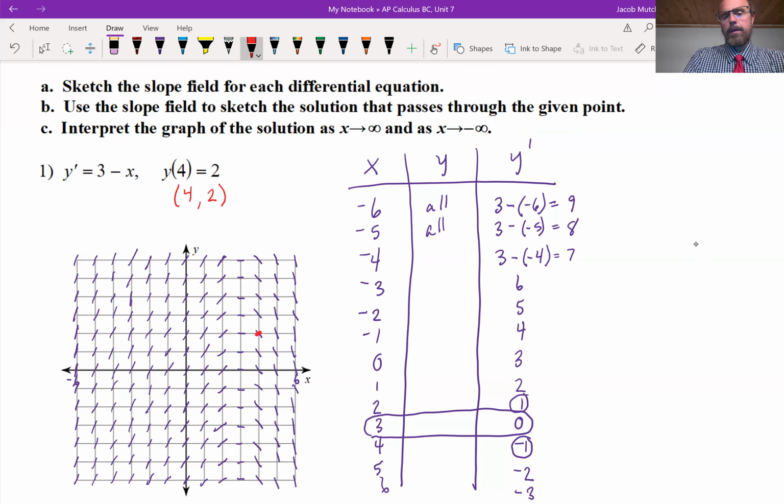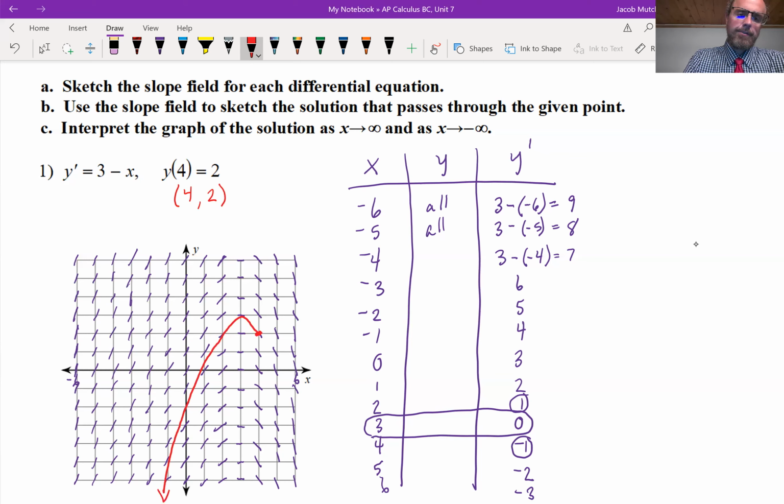And knowing that that is my particular solution, my graph is going to go through that point at 4, 2, and it's going to follow the slopes of my field as it goes from x value to x value. So I just want to sketch it in here. And definitely as I go to the left, the slopes get steeper and steeper.